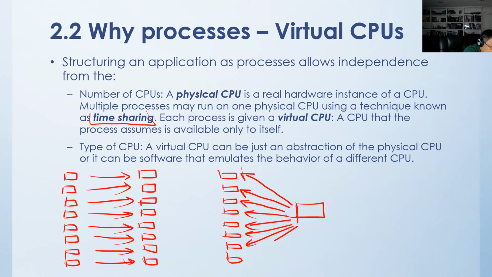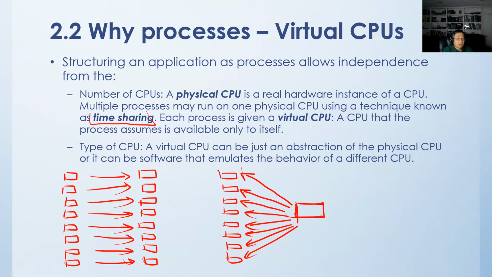Remember, if the CPU is running very fast, like 4 gigahertz or even 5 gigahertz, it is going to execute billions of instructions each second.